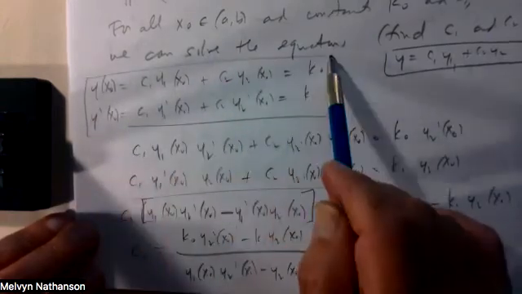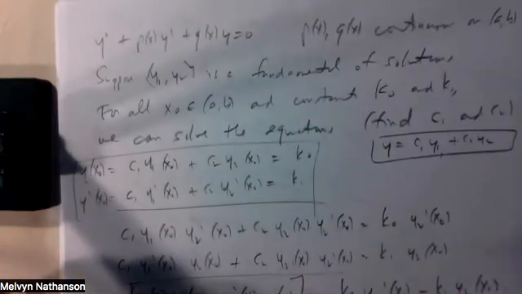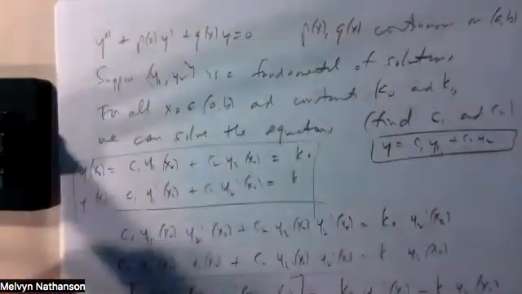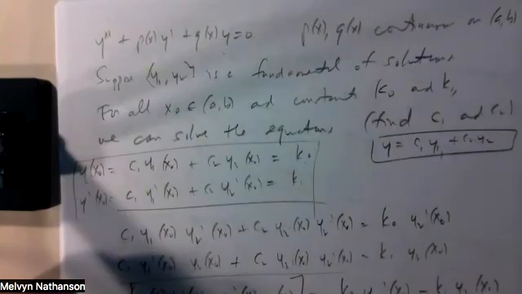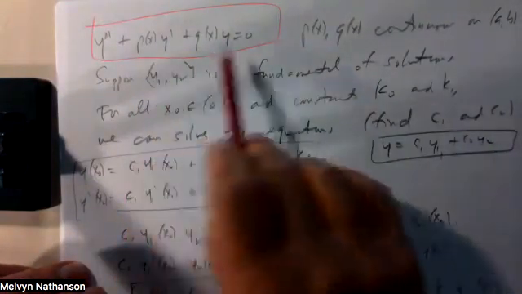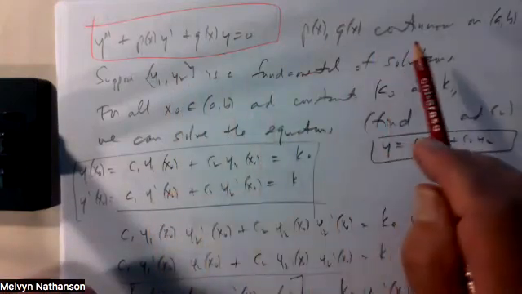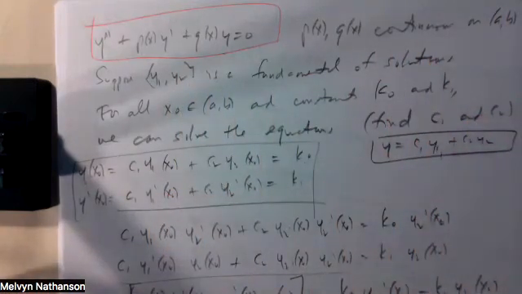Let me just review what I just did, so everything has a chance of making sense. I start with my second order differential equation. It's linear and it's homogeneous. And I suppose y1 and y2 are a fundamental set of solutions.